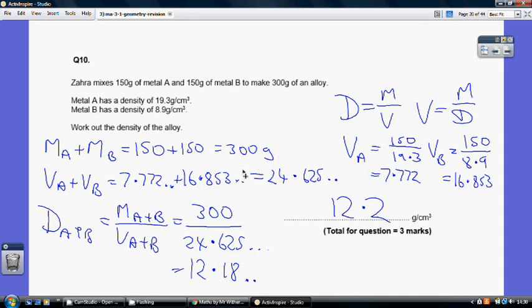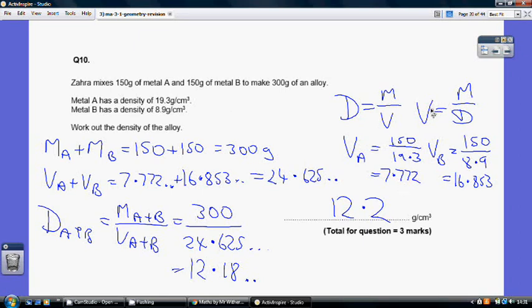Now, to work out the volume of each of the metals, I've done the side working over here with density equaling mass over volume. So my volume of A, which equals mass divided by density, when you rearrange this, so my volume of metal A is the mass of 150 divided by the density of 19.3, which is 7.772.